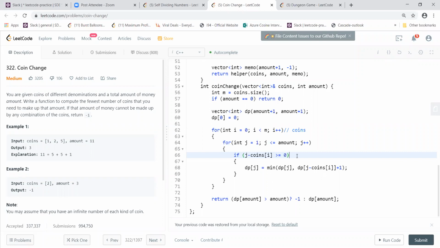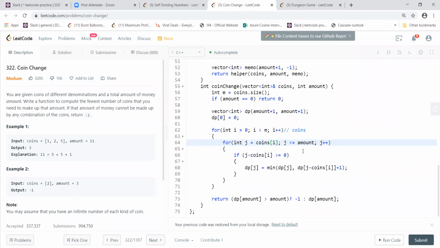So you are saying I should set j equals coins[i] on line 64, in the initialization portion? Yes. Then we can remove the if statement. Yes, that small optimization can surely be done.